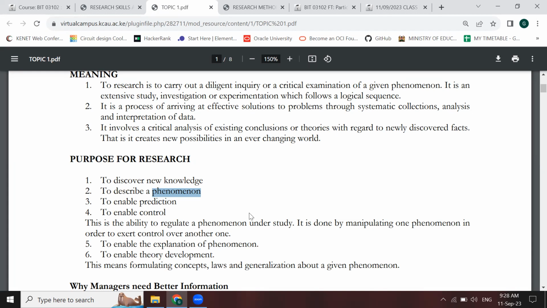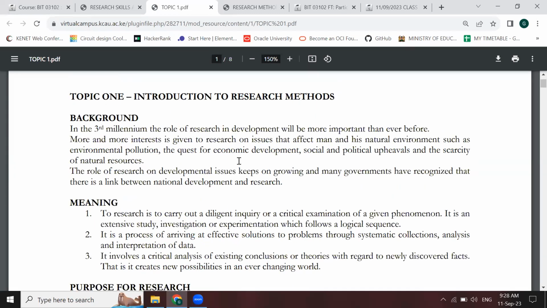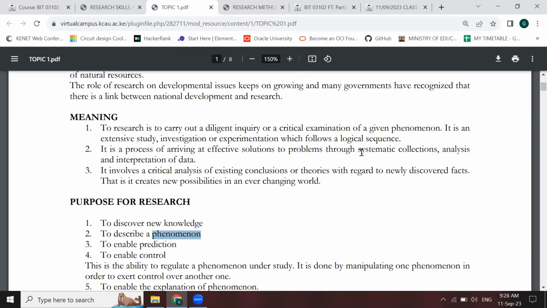Then, by saying systematic, there's that keyword that I don't want you to leave behind. Systematic in research means that your research will have to be developed and also presented in a coherent manner.